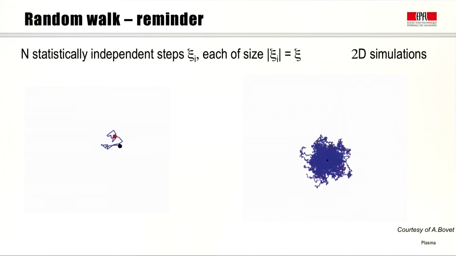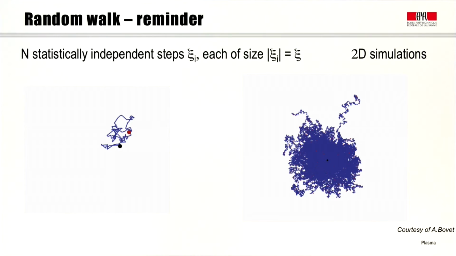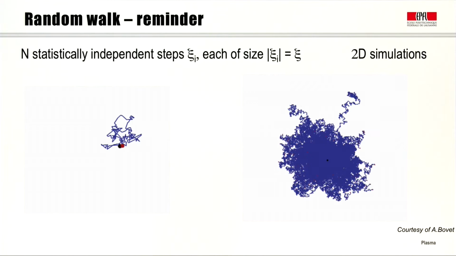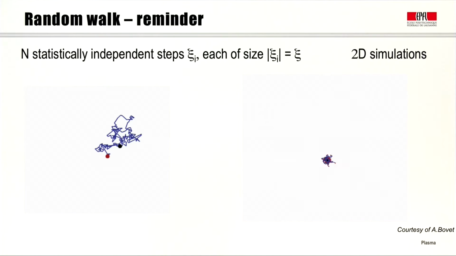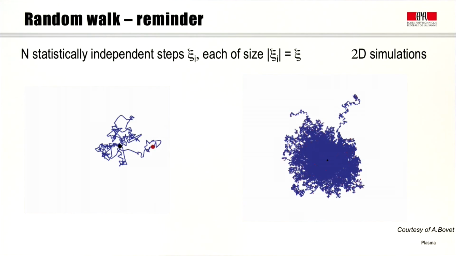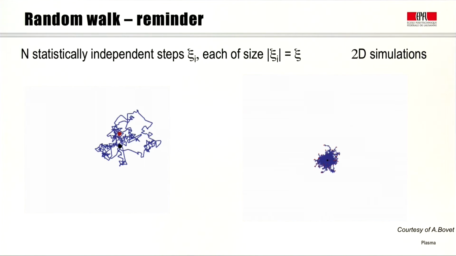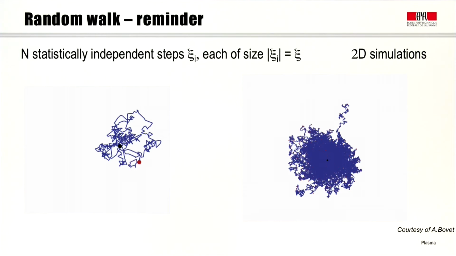Just to start reminding ourselves what a random walk is, you can see here two simulations of a 2D situation. On the left we simulate the evolution of a single particle which undertakes statistically independent steps. Each step has the same size, but of course in a different randomly chosen direction.